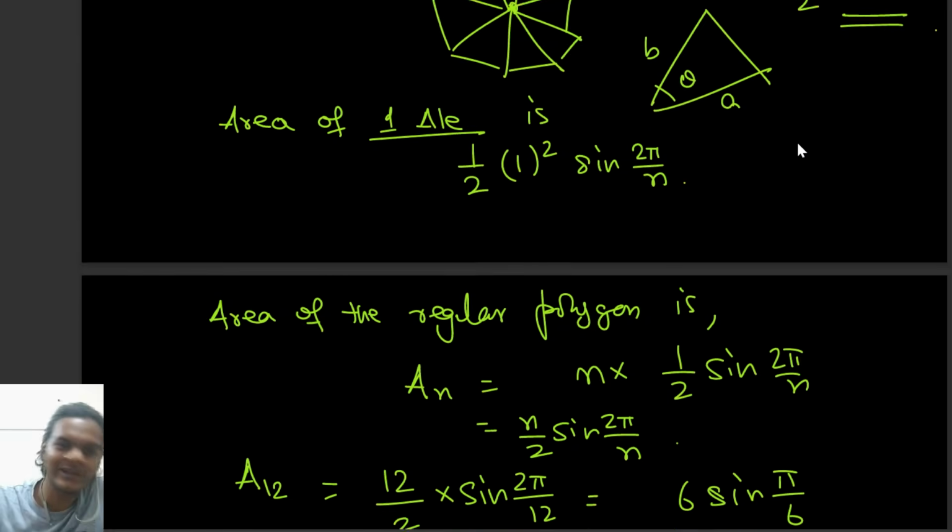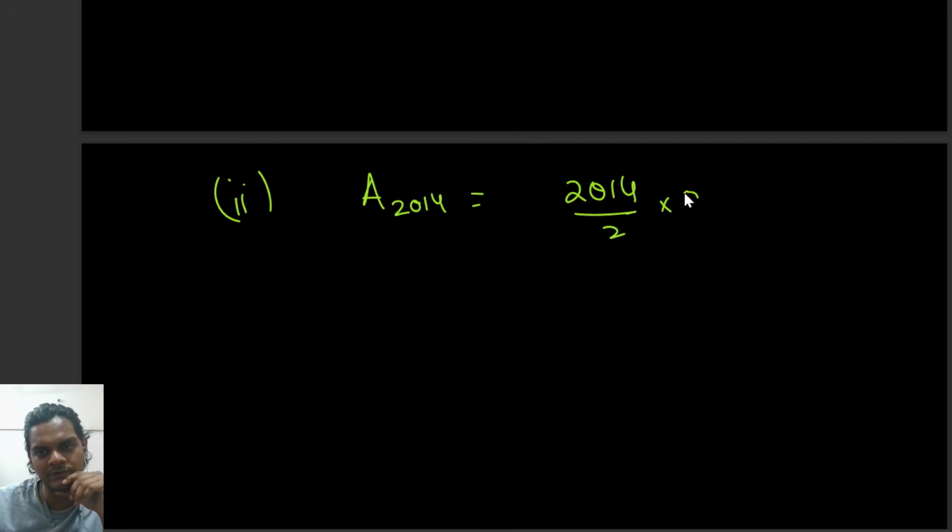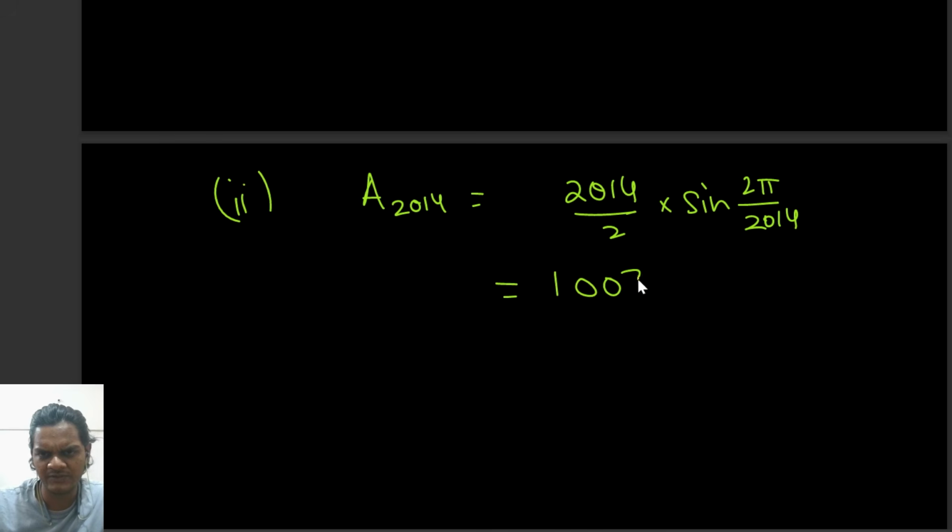A 2014. Here we have to use a little bit of calculus, right? In the second part, A 2014 is 2014 by 2 into sine 2 pi by 2014. So that's like 1007 into sine pi by 1007.